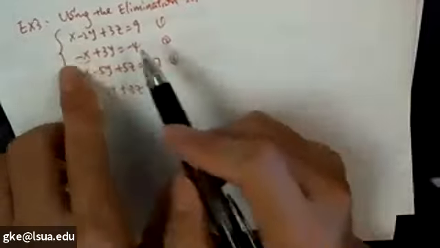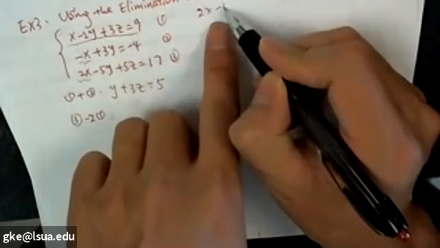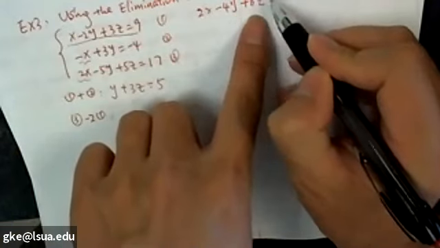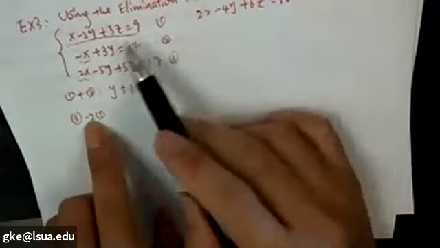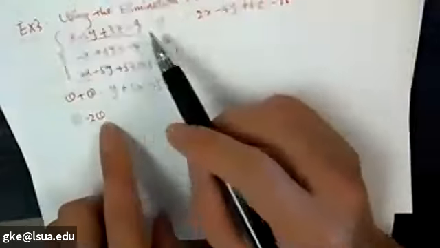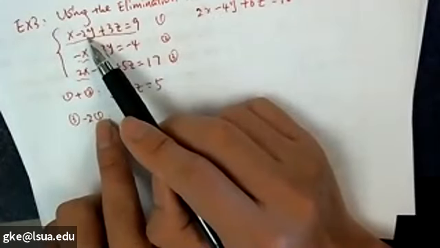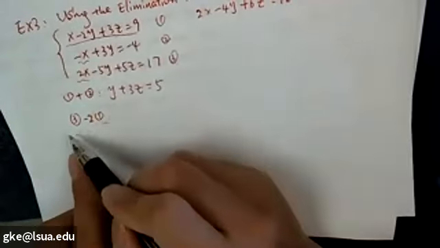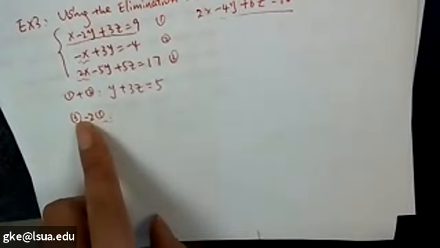So I want to let the first equation times 2 gonna be 2x, negative 4y, 6z equals 18, right? Let the 2 times the first equation gonna be 2x negative 4y plus 6z equals 18. Okay, so the third equation subtract this equation, right?